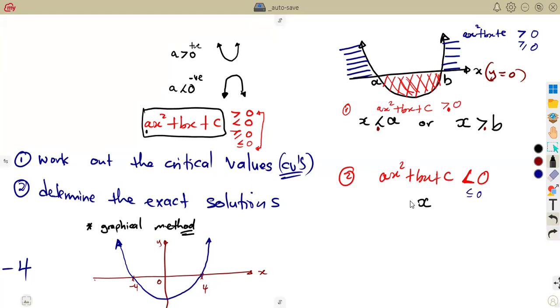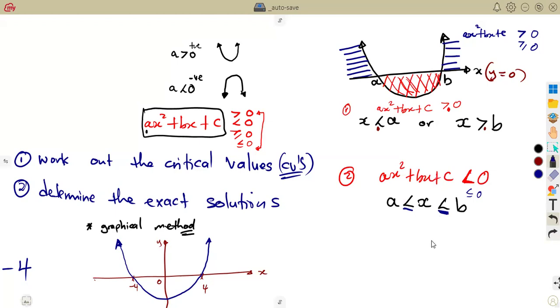So how do we write these solutions? X will be greater than A, but the same X compared to B is less than B. So this is where I was saying, if your question has an equal to, on your answer it must be there also. You must have it on your answer.